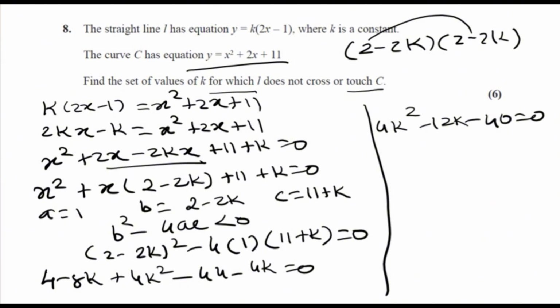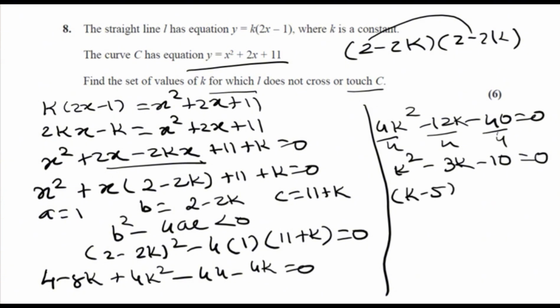Minus 44 plus 4. Now I can see 4, minus 12 and minus 40 is a multiple of 4. So I can divide the whole equation by 4. So k squared minus 3k minus 10 is equal to 0.